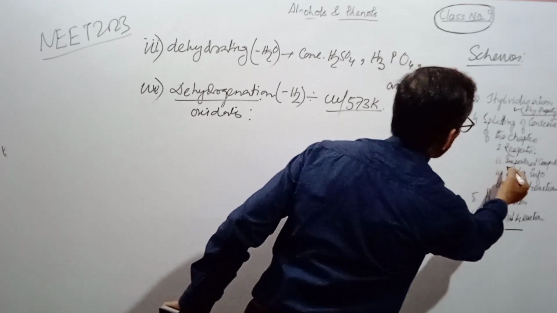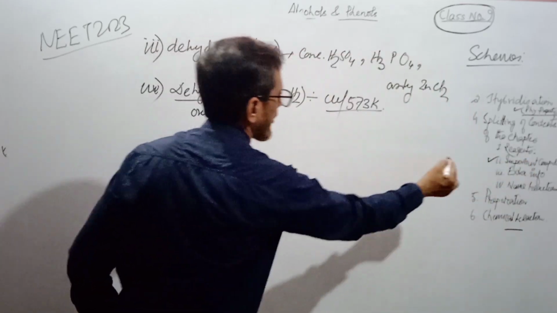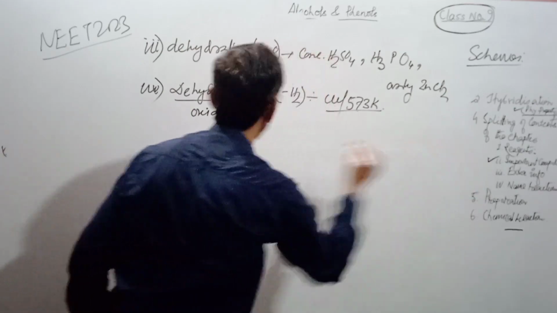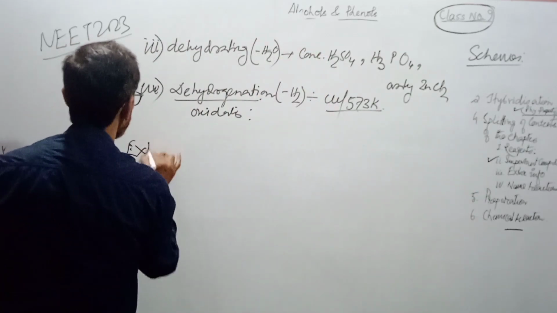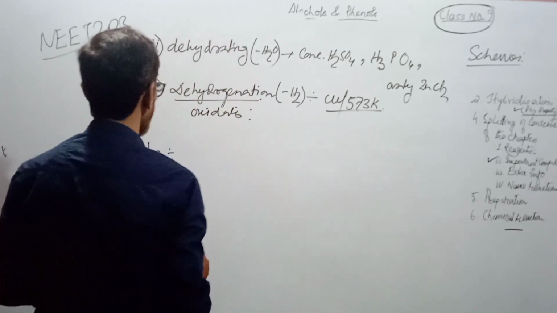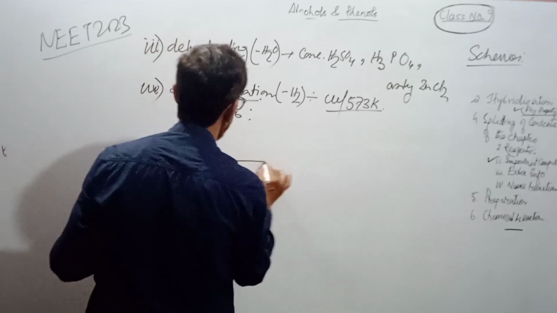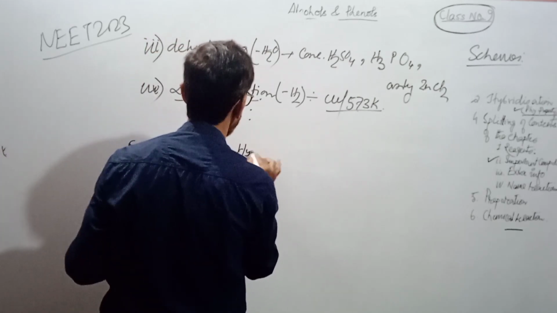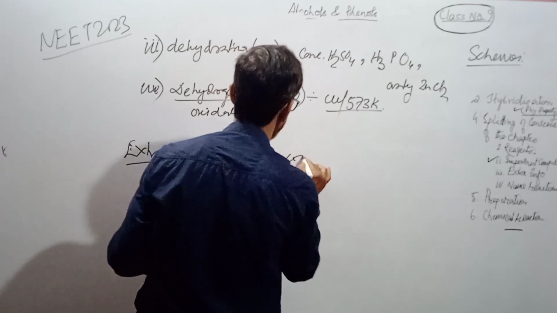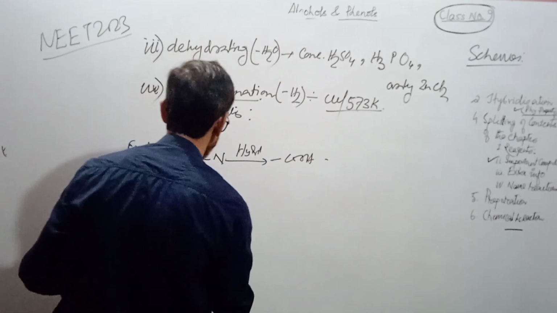extra information, before important compounds. The extra information is very simple. If you hydrolyze a cyanide group, it becomes a COOH group.